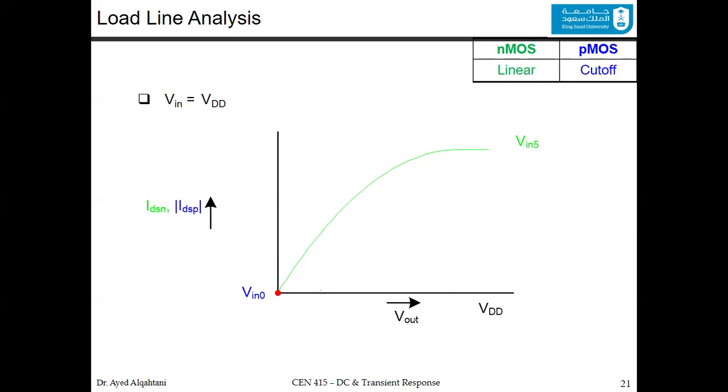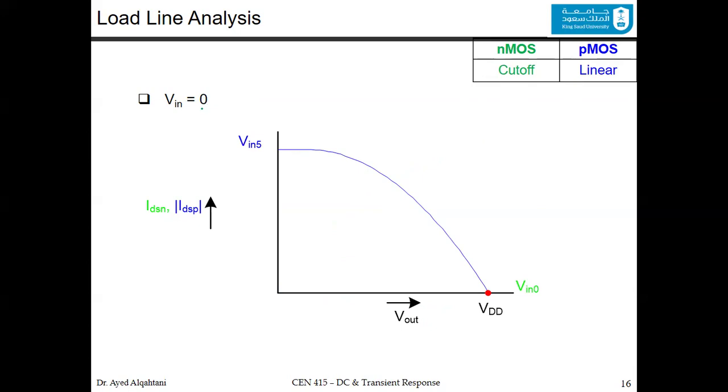Now we can see that there is a certain relation between the output and the input. Let's look at it again. Remember, we are talking about the inverter. We take the inverter as our example circuit. So going back to the first slide, when the V input is equal to 0, that's the input.